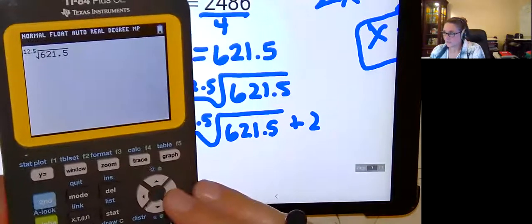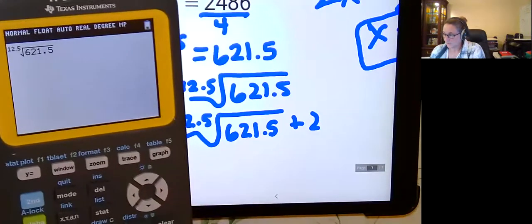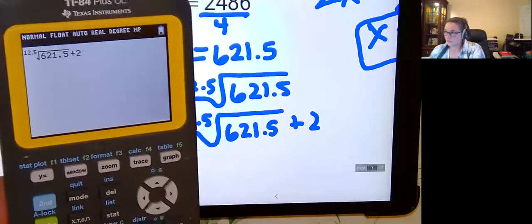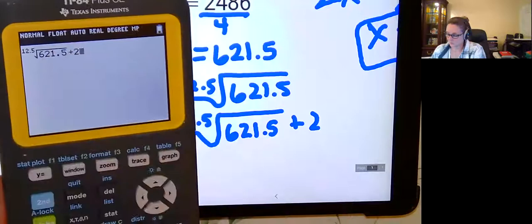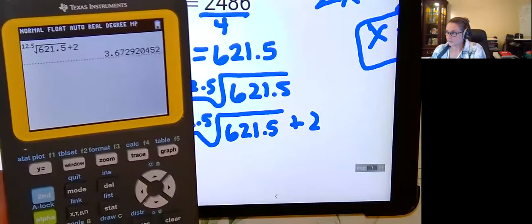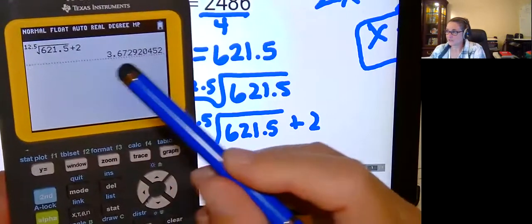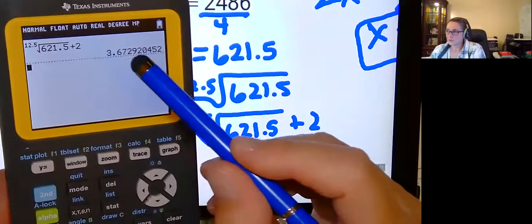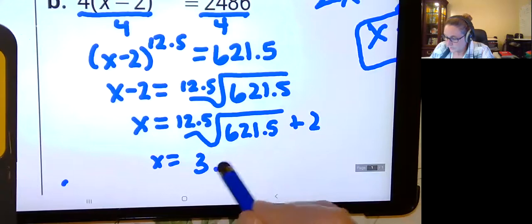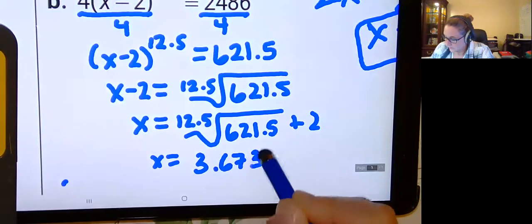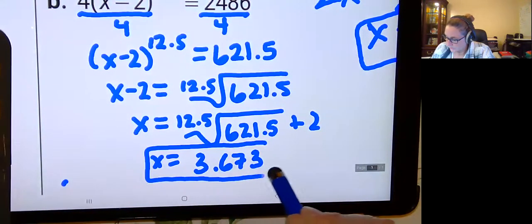I'm going to arrow out of that and then add my 2. Make sure you arrow out to get that plus 2, or just hit enter and then go plus 2. And so I get 3.67. This 2 is going to be pushed up to a 3 because of that 9. So it's going to be 3.673, and that's your answer.